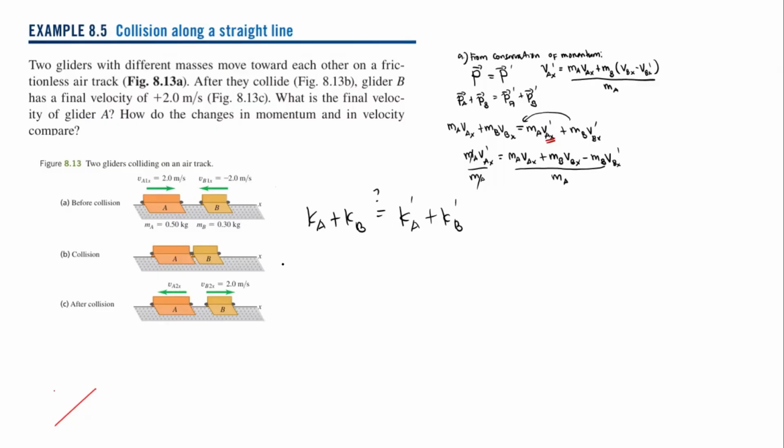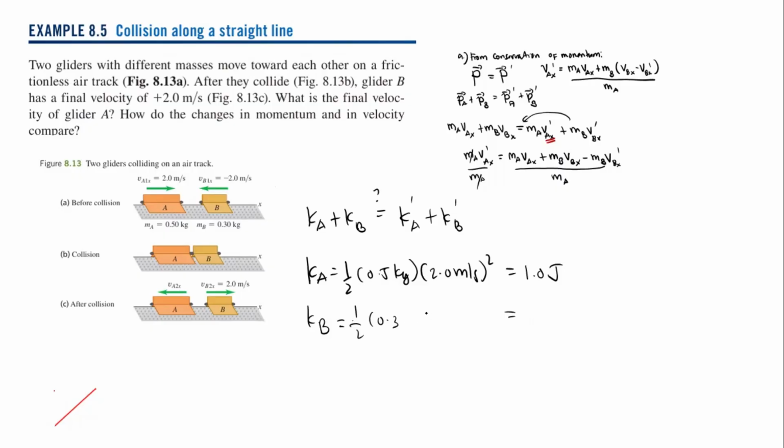Ka is one half times 0.5 times 2.0 meters per second squared, so we have 1.0 joules for Ka.